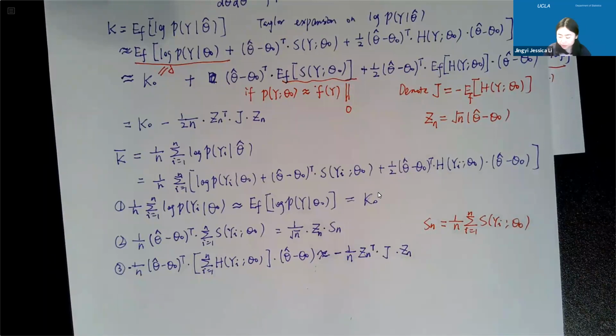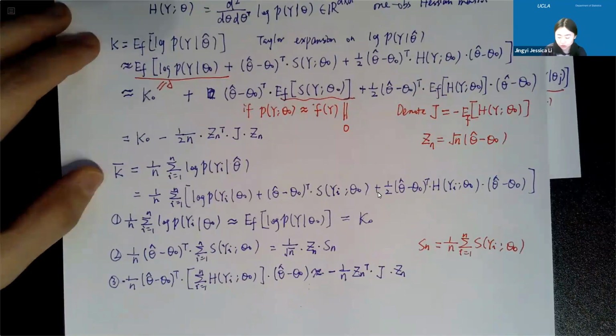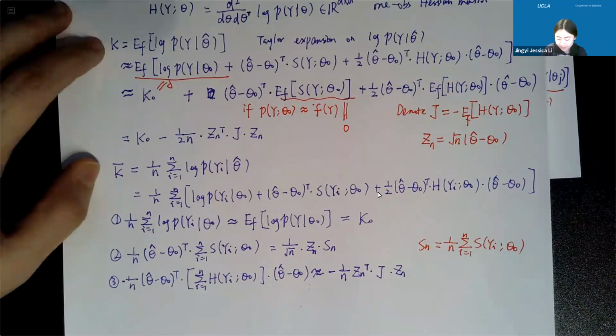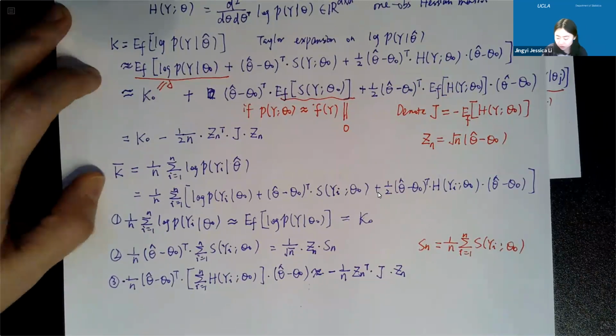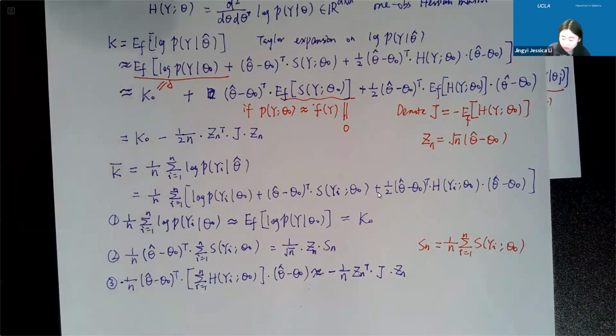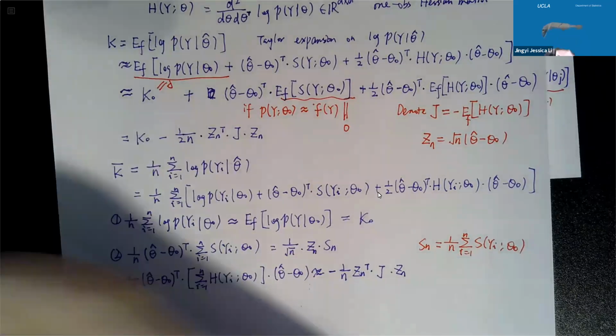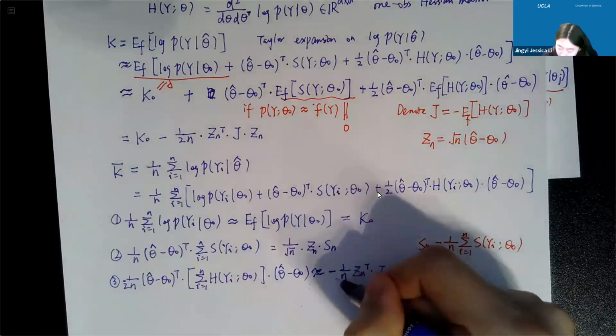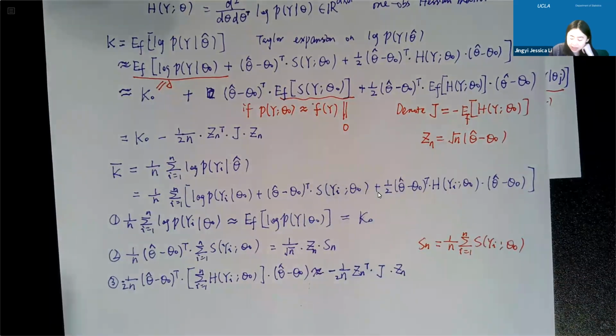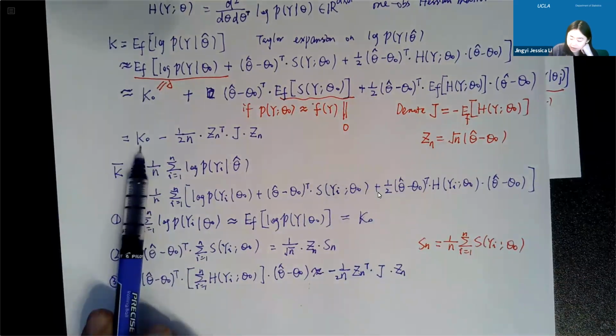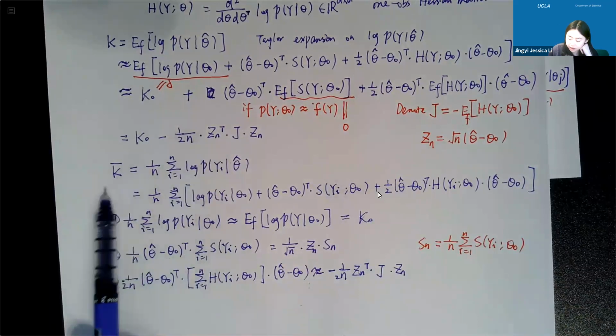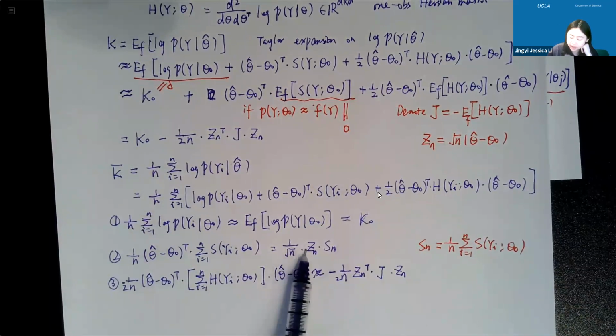The whole purpose of doing this is that we want to see what's the linkage between K and K bar. How can we make them more similar? Now there's a 1/2 left here, I should keep it in the third term. So you see, K has K0 minus this term, and K bar has K0, this term and this term.